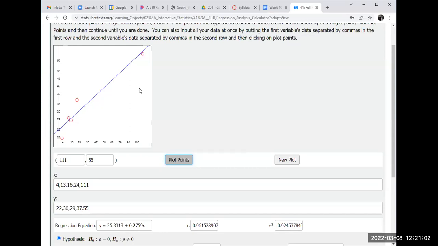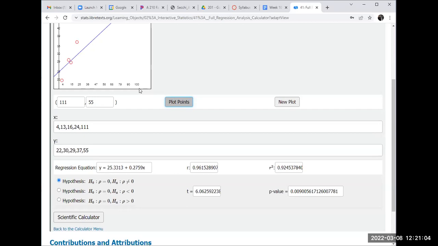Okay, then there's a whole lot of other things. Then there is the equation of the regression line. So this is y equals about 25 plus 0.28x-ish.